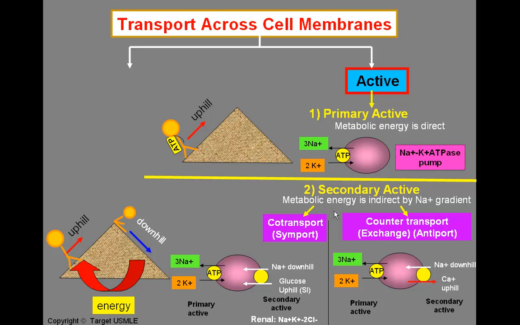It is the sodium-potassium ATPase pump. Hence, for secondary active transport to work, the primary active transport should be functioning in the same cell. So if you poison the primary active pump, like in the case of using ouabain or digitalis, then you also stop the secondary active transport.